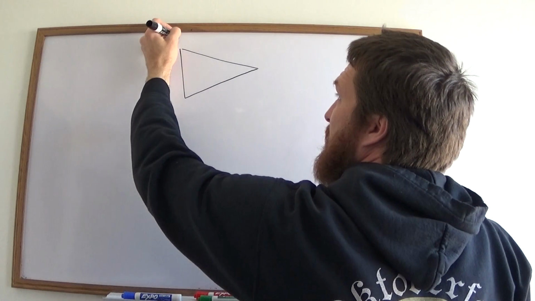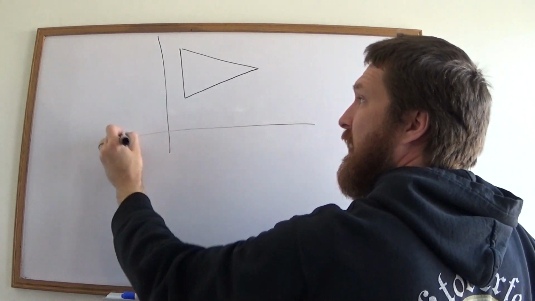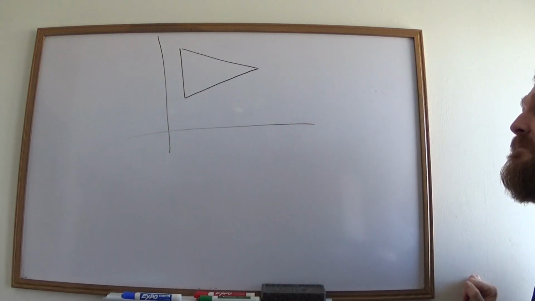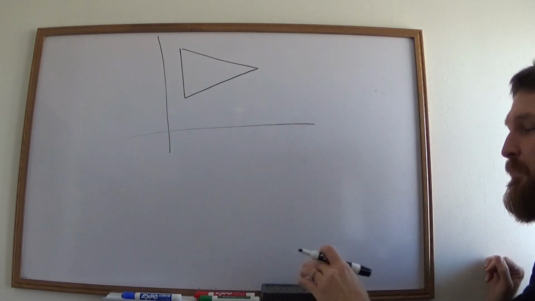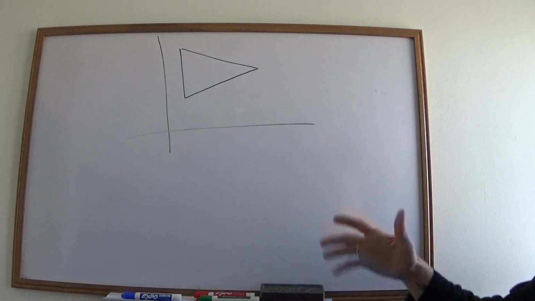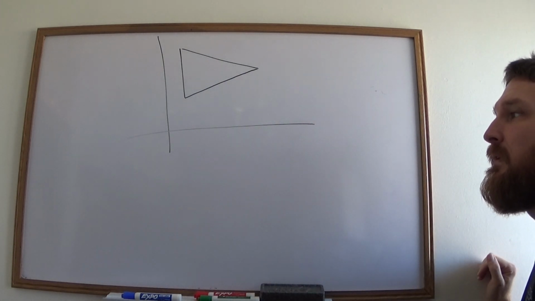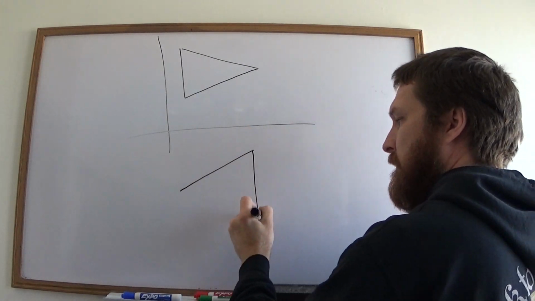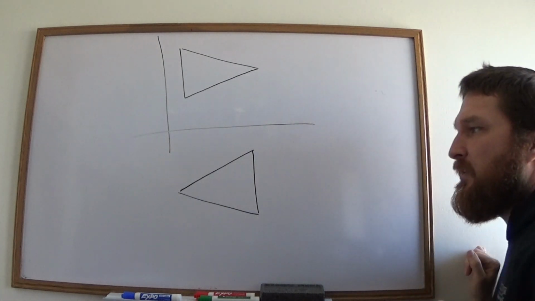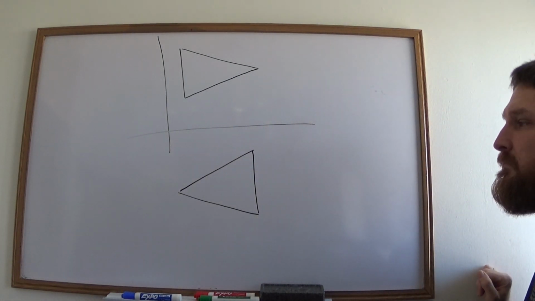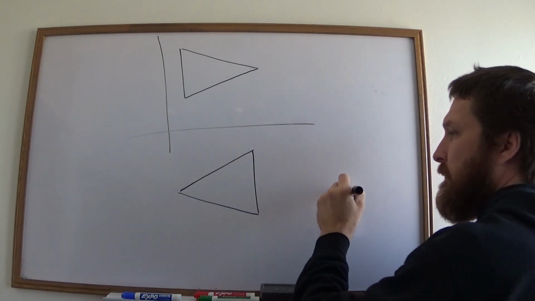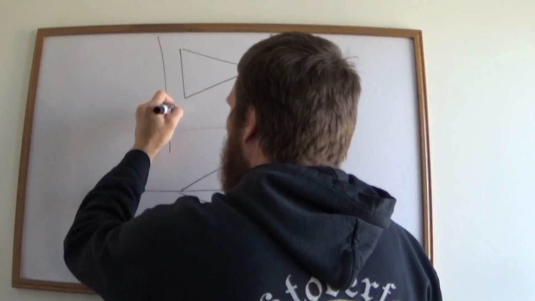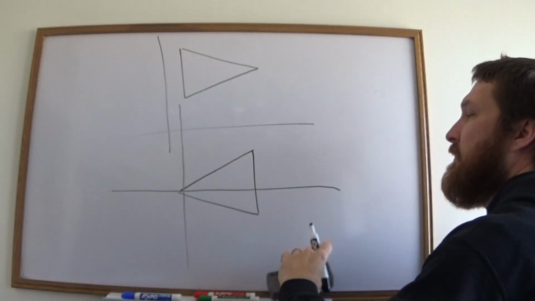You can put axes here if you're so inclined. I don't know why you would; there are better places to place your axes. And you don't have to orient it this way. You could also orient it this way, and you could put axes anywhere on the page that you want. There's a bunch of different ways of putting axes on things, okay?